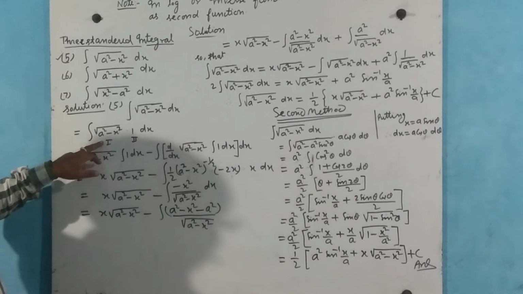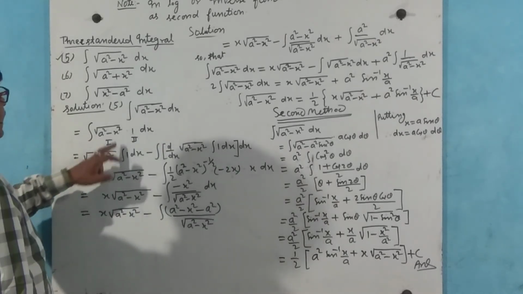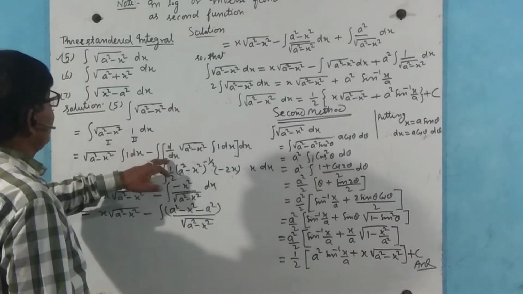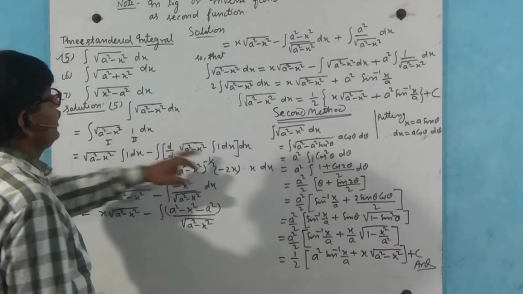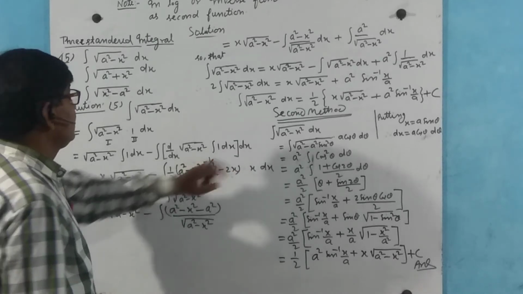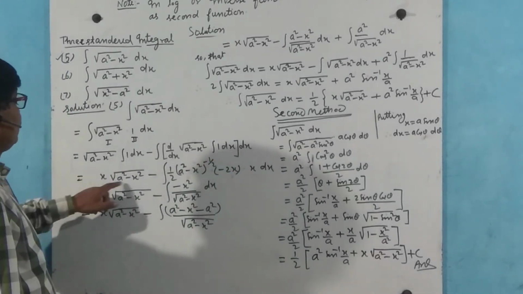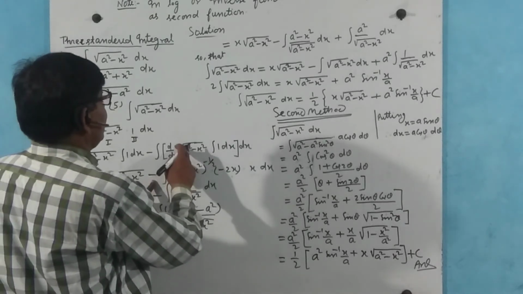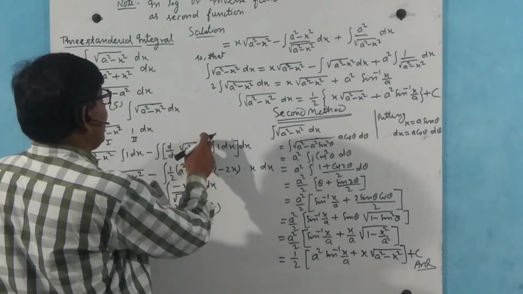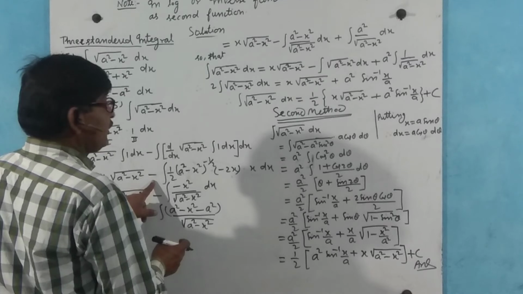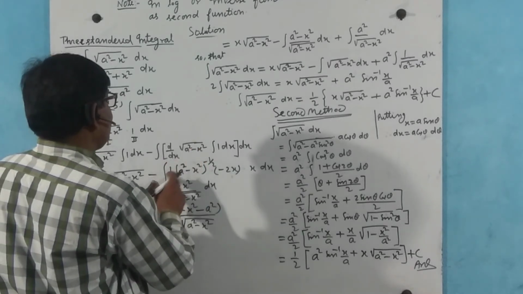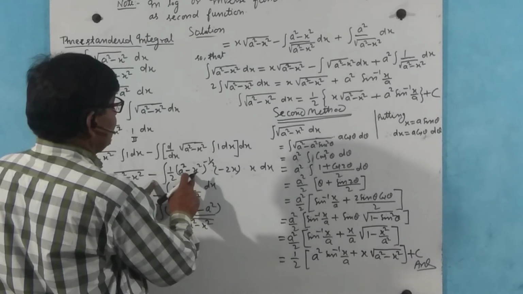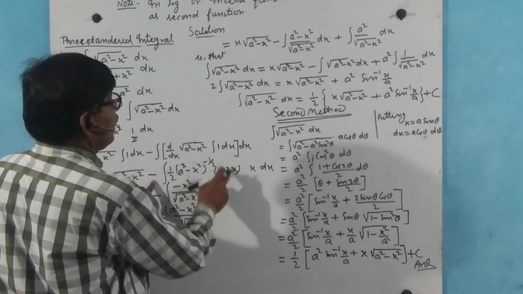Apply the formula: first term times integration of second term 1 dx minus the integration of the differentiation of first term times integration of second term. Next, x root a² minus x² minus the integral of (a² minus x²) to the power half, derivative by the power rule: 1 by 2 (a² minus x²) to the power minus half, times the derivative of the inside, minus 2x.